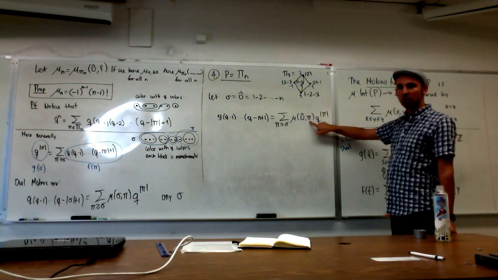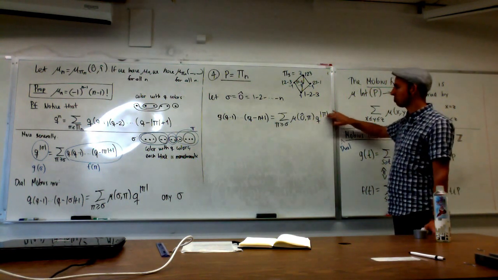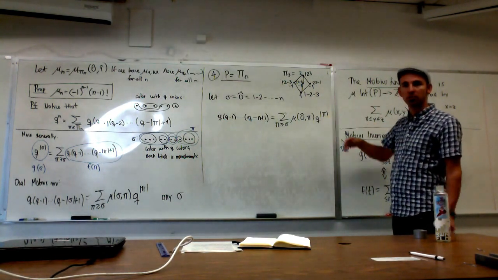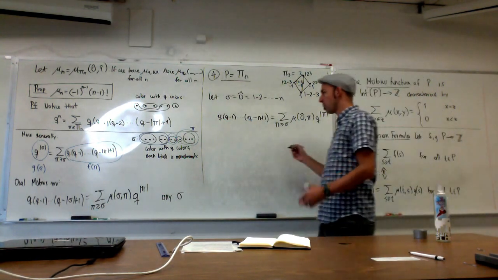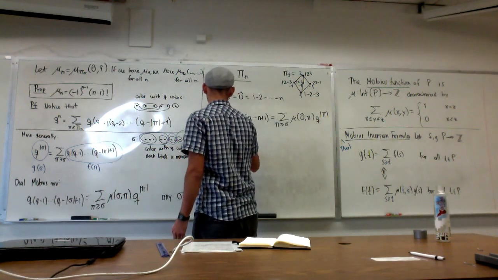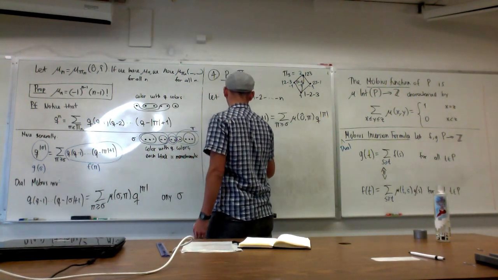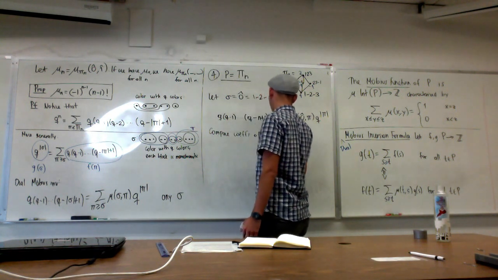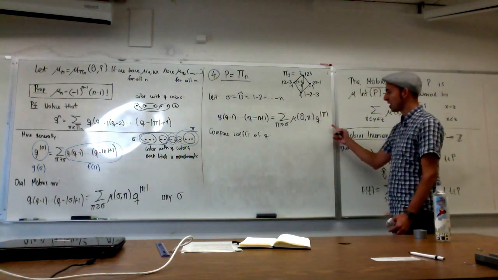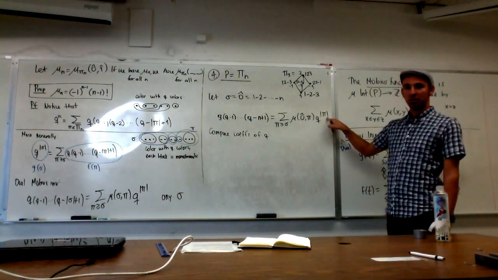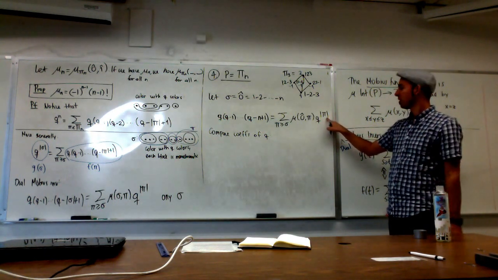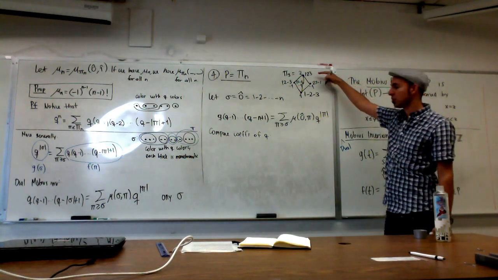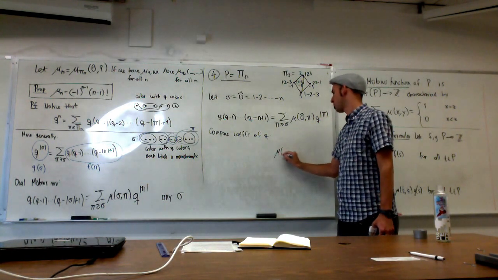And if pi is not 1, then I have more than one part, and so I get more than one Q. So if I compare the coefficients of Q, then on the right hand side I have Q to the 1, and the only thing that has 1 block is the top partition. So I only get mu of 0, 1.